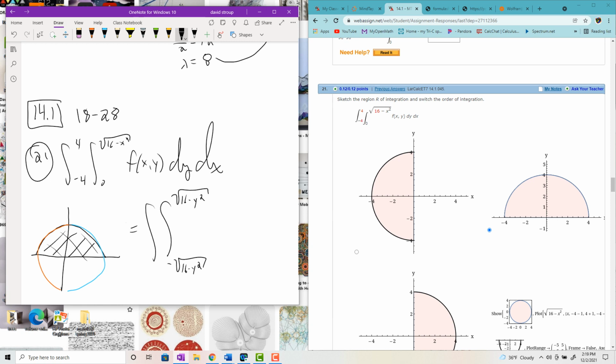And then your Riemann man in this orientation, I broke his leg, he's going up in this direction, and he is going from 0 to 4 on the y-axis. Okay, and then don't forget your f of x,y, and then dx dy, because we changed the order. So be able to do something like that.